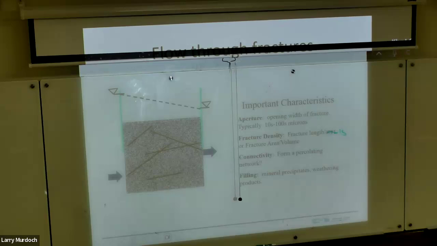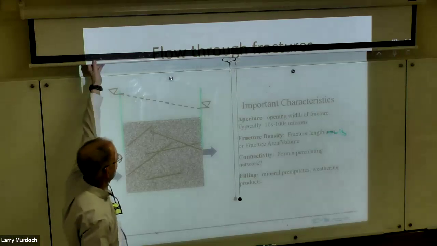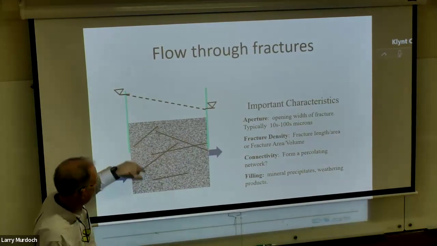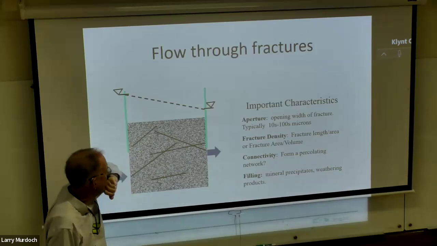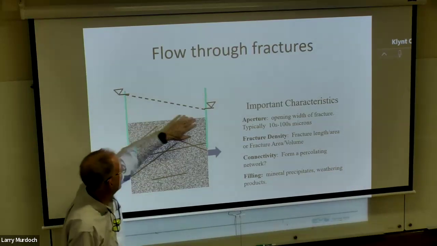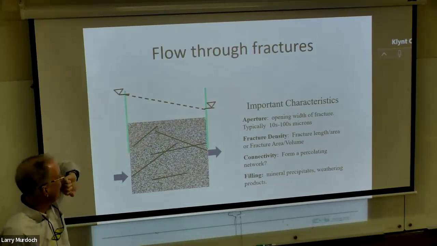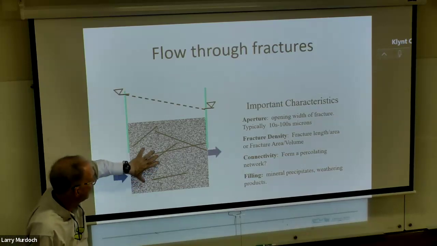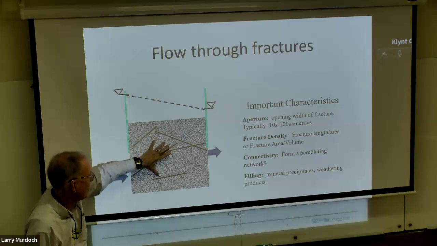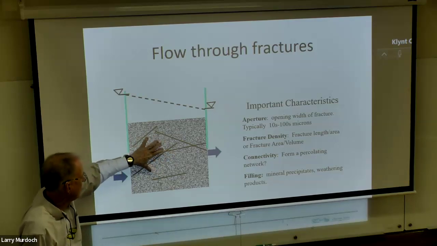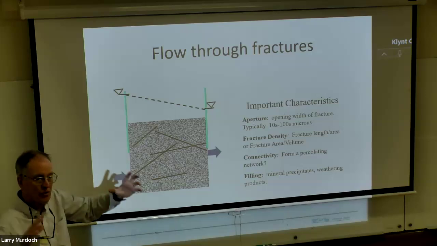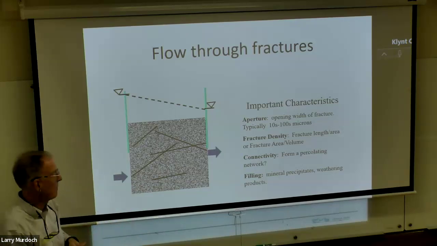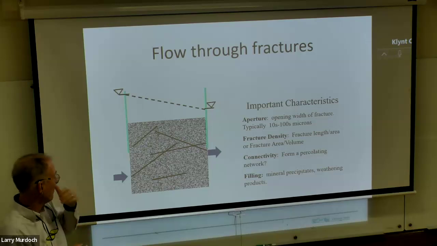So here's a conceptual model of some fractures. Here's some of that granite. Here's some fractures, and we put a hydraulic head gradient on it. What we'd be interested in is saying, okay, this is what we really have, and could we represent this as just a uniform block, like we did with the representative elementary volume before?